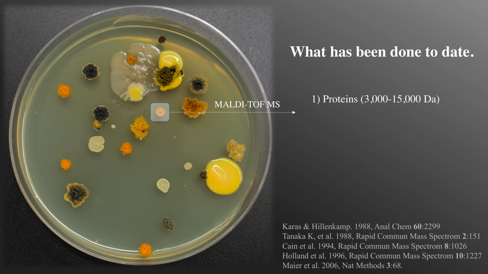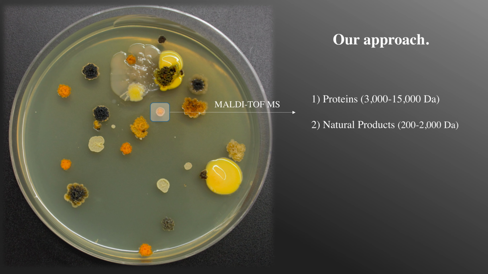So what we intend to do, the way we're going to innovate this process, is add a whole other layer. Not only are we going to acquire a protein mass spectrum of each colony, but we're going to acquire a natural product spectrum of each colony. And the information that we get in return is that from one, we answer the question, who are you?